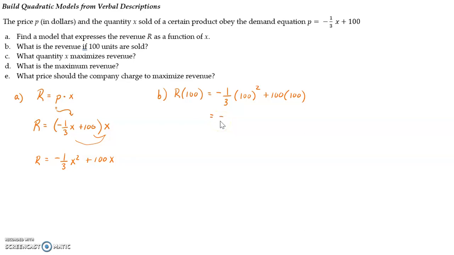This is going to give us a negative 1/3. 100 squared is going to give us 10,000. And then we have plus 10,000. So negative 10,000 thirds plus 10,000.